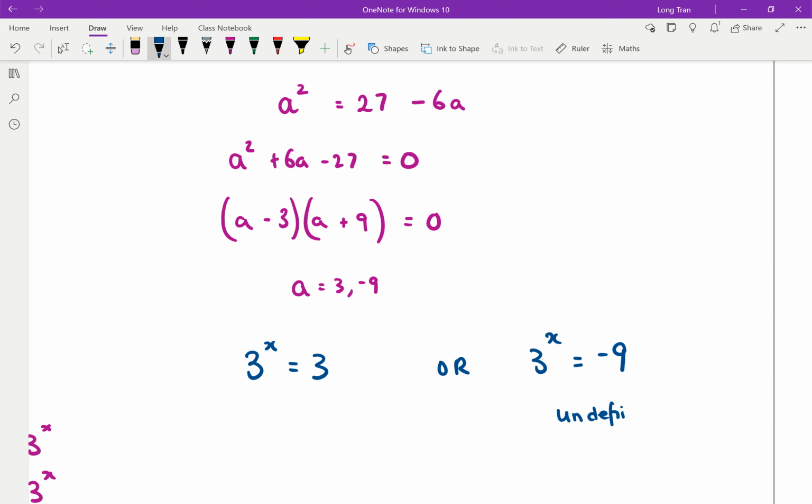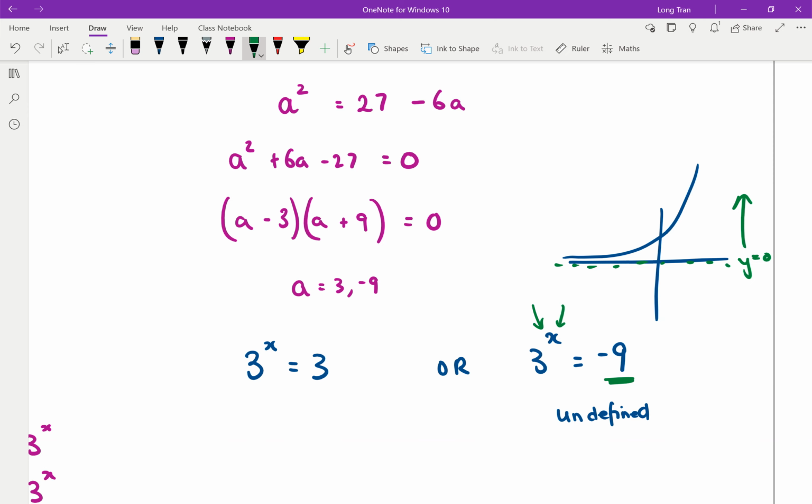undefined. You can't ever solve 3 to the power of x equal to negative 9, because if you think about the graph, try typing it in your calculator now, 3 to the power of x looks like this. It has an asymptote at y equals 0. So you can already see that the y value is always greater than 0. So it's impossible to think of what power will give you a negative value.